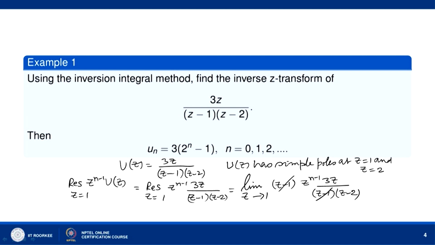So, this z minus 1 will cancel, and when z tends to 1 you get 1 to the power n minus 1 into 3 into 1. So, we get 3 divided by 1 minus 2, so minus 1. So, it is minus 3.